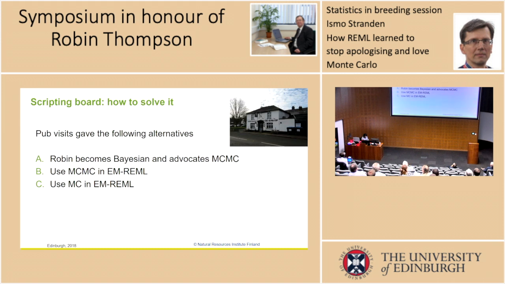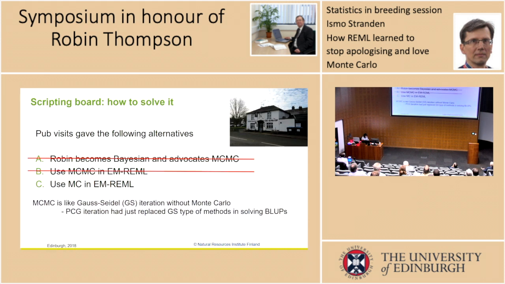We could turn Robin to Bayesian and use MCMC, and well, perhaps that wasn't an alternative at all. Another one was to use MCMC in REML, and we had been working in our corners on this one, but then we decided that it's not that good an avenue after all.